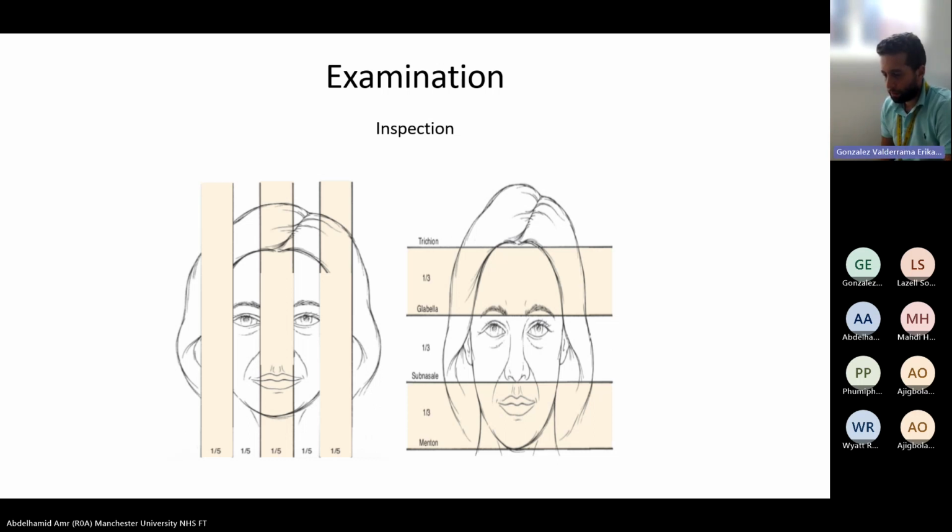So essentially, the thirds go from the trichion all the way to the glabella. Trichion is where the hairline is. That should be equal to the area between the glabella and the subnasale, and then the subnasale to the menton. And then the rule of fifths, which is horizontal, the width of the eyes should be equal to the intercanthal distance, and then laterally there.